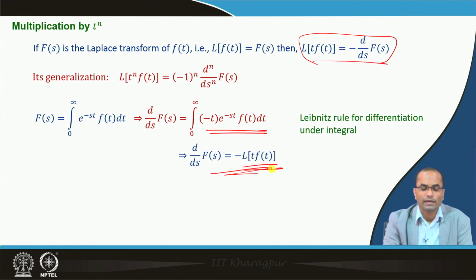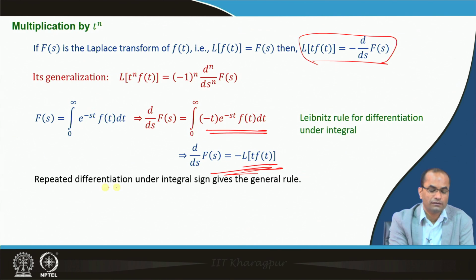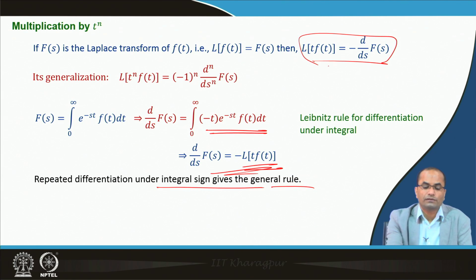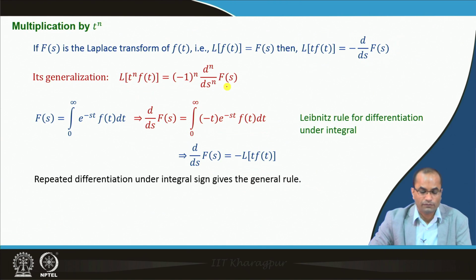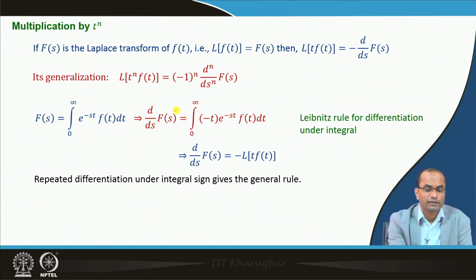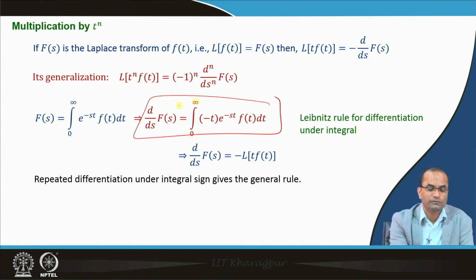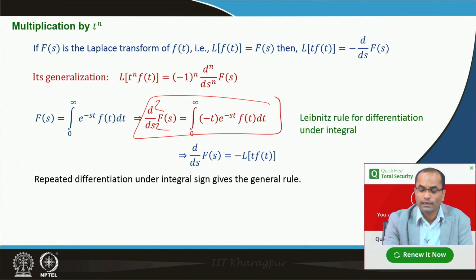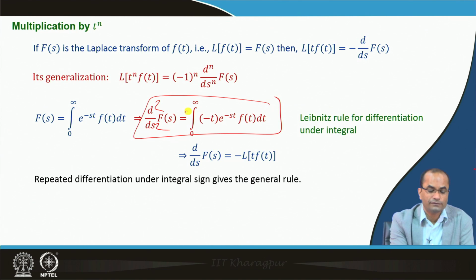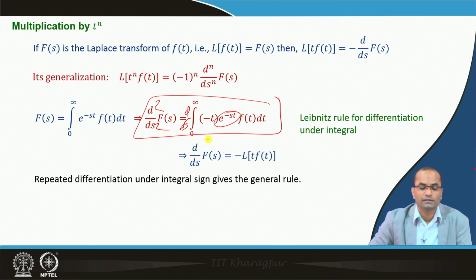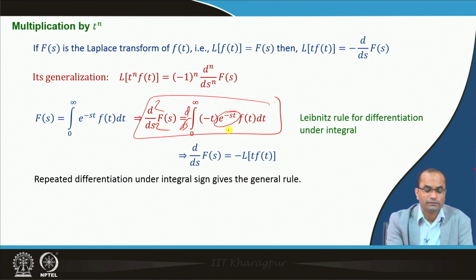This repeated differentiation gives us the general rule: the Laplace transform of t power n f(t) is minus 1 power n d power n over ds n of F(s). If we differentiate again, we get d 2 over ds 2, and again this minus t will come out, so we get t square.